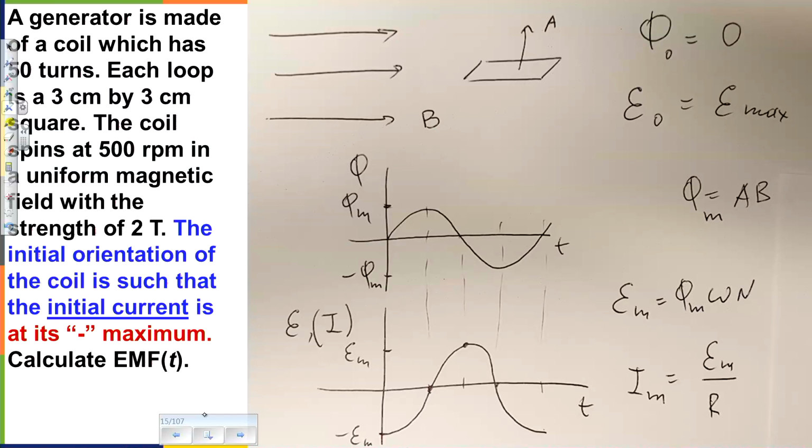If that picture represents time equals 0, in a fraction of a second, in which direction should it move? Counterclockwise or clockwise? Well, in a fraction of a second, flux should become positive. So we can imagine if it turns this way, the angle above 90 gives a negative number. So it should start spinning in this direction to make flux positive, but then it keeps spinning in the same direction, the flux changes. And that induces EMF.